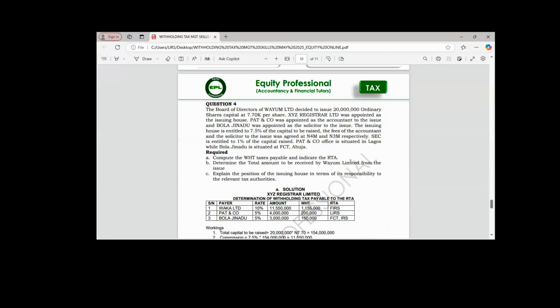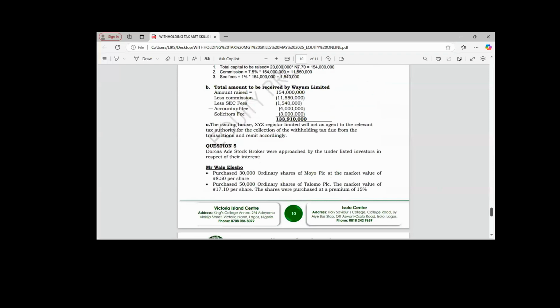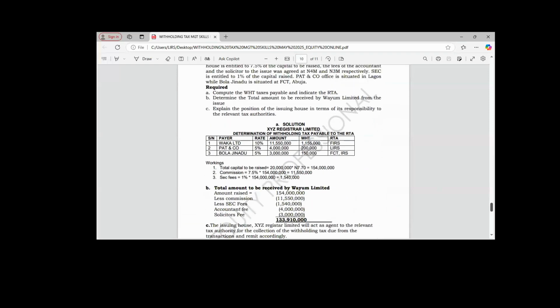All those are transactions that attract withholding tax, so we need to charge withholding tax on them.